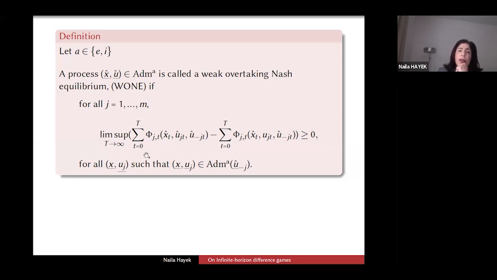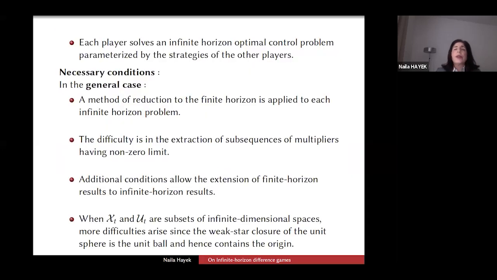The first finite sum is evaluated at x hat t, u hat jt belonging to the admissible process in question, which will be called weak overtaking Nash, and compared to another, so here I forgot to remove the hat, x, u_j admissible. So with these three notions, we will proceed.